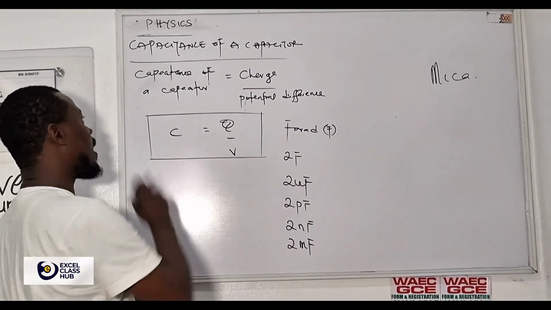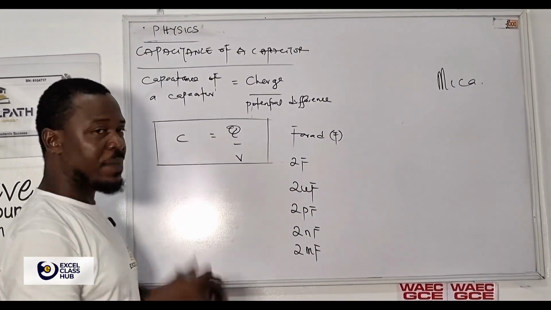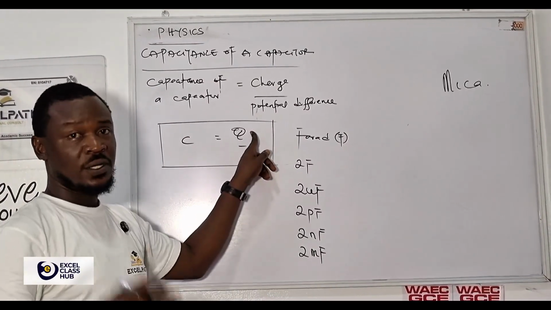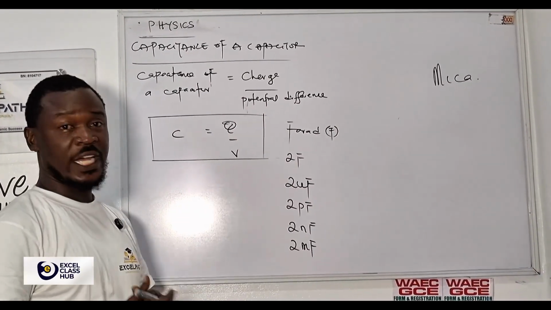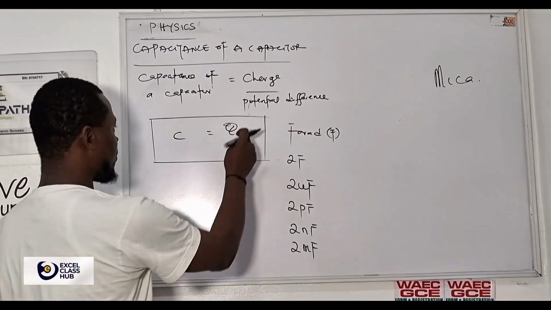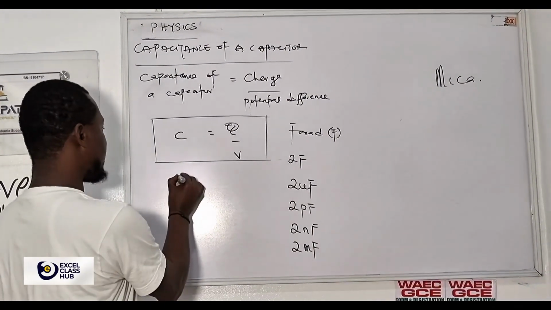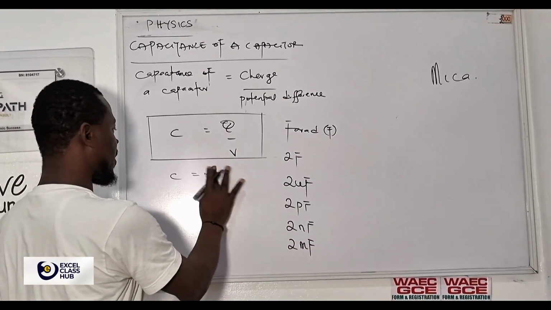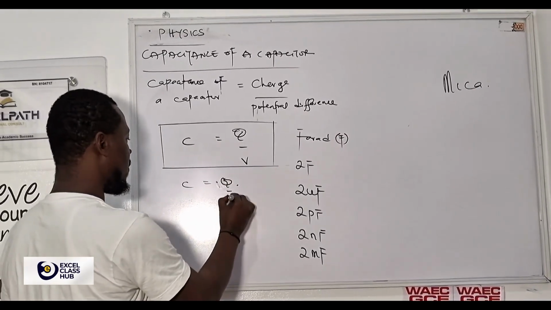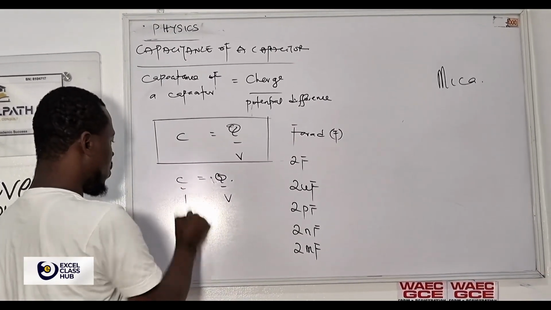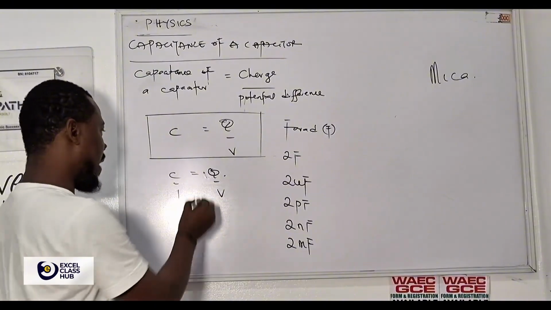I said your capacitance of a capacitor can be defined as charge per unit potential difference. If I make Q the subject of the formula, I have C equals Q over V. This one can give me over 1. From here, I cross multiply.